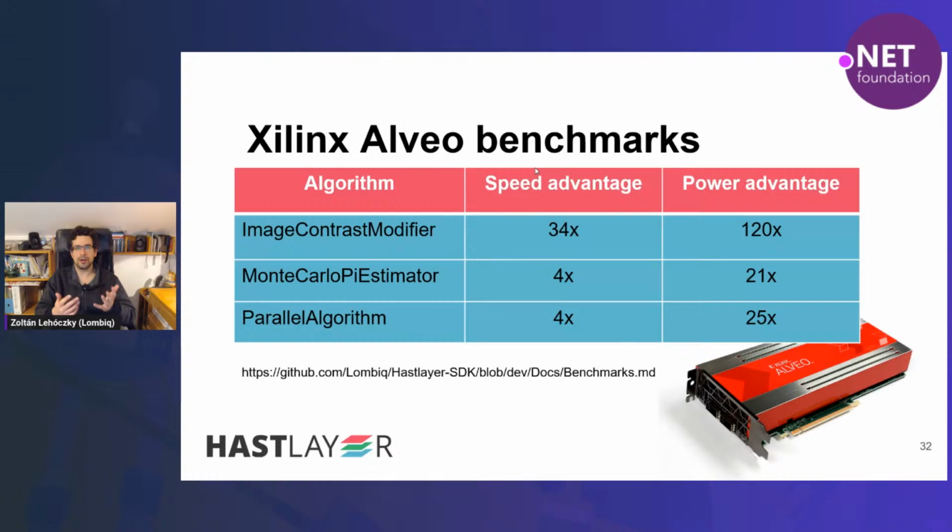But to give you an idea, when using those high-performance accelerator cards, these are the speed and power efficiency increases that we have seen there for different sample algorithms. There's an image contrast modifier sample that was really good here, and the parallel algorithm that you already know was just about 4 times faster, but used about a quarter of the power, 25th of the power.